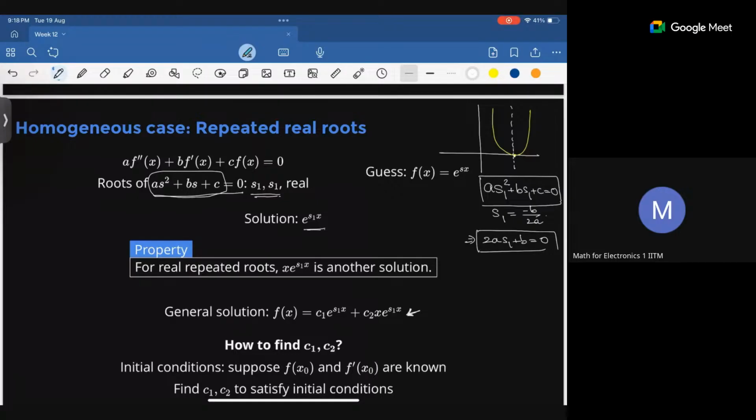So if x into e power s1x is also another solution, then the linear combination of e power s1x and x into e power s1x will be the general solution. So the general solution will take this form now. Instead of c1 into e power s1x plus c2 into e power s2x, we will have c2 into x into e power s1x. It will be slightly different.